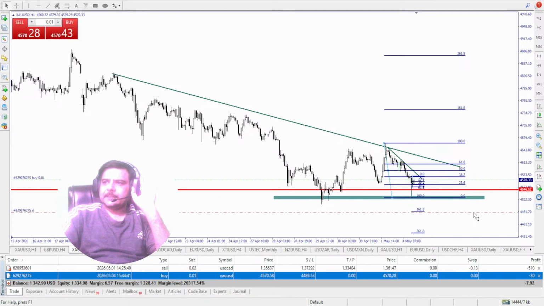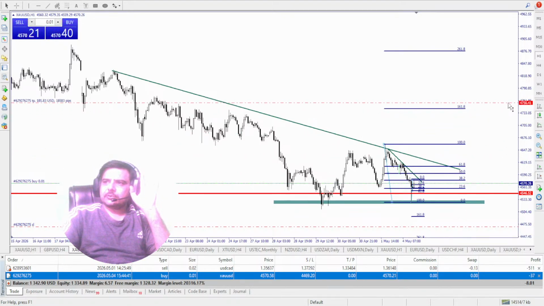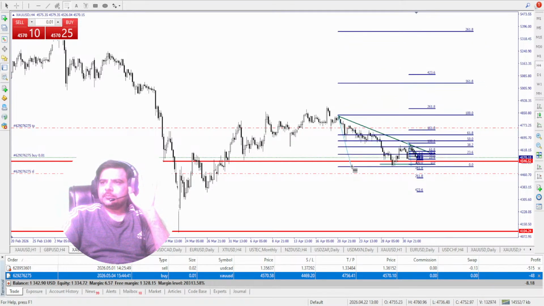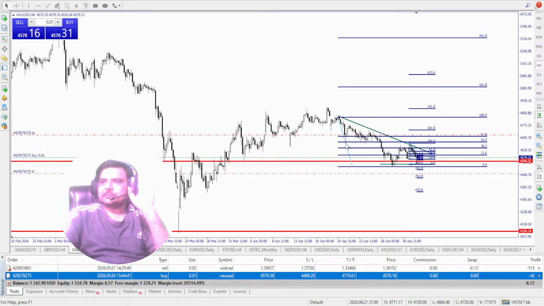Why? 810 pips of a stop loss, or maybe even around 1000 pips stop loss, and they are aiming for 1:2, and the safest level is this 1400 pips.